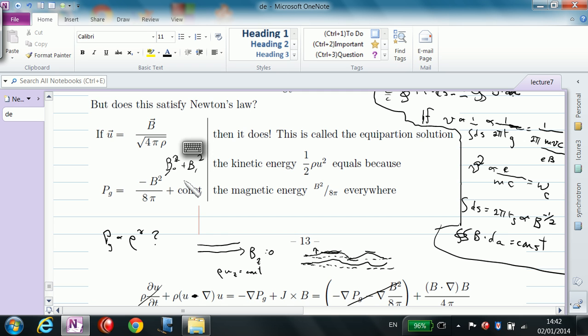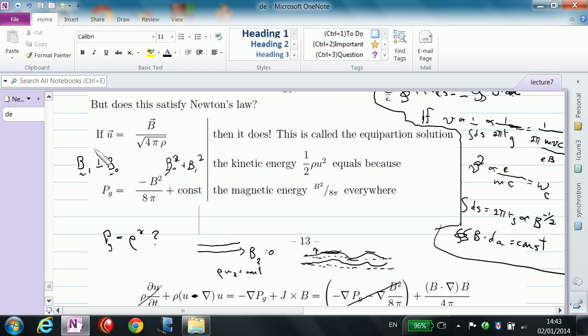The third term is 2 B0 dot B1, and because B1 is perpendicular to B0, the cross term vanishes. If it didn't vanish, the gas pressure would be changing proportionally to the first power of B.